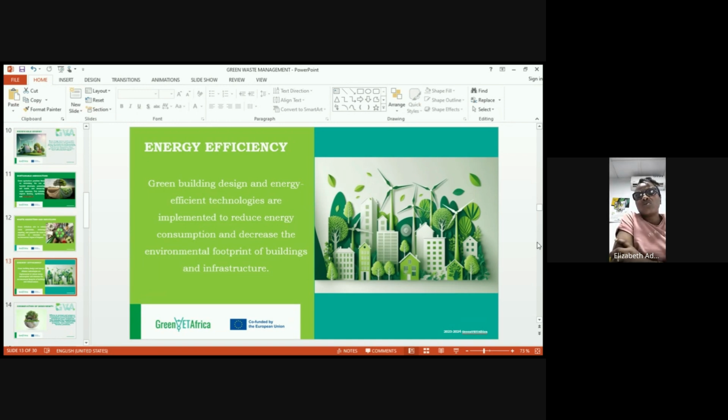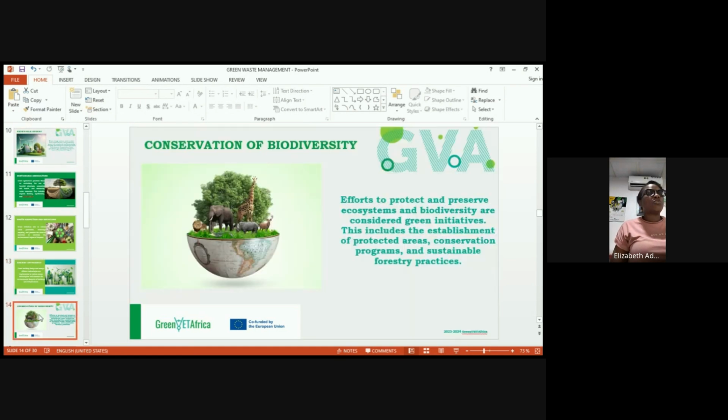The architects are also looking at ways to promote natural ventilation, whereby you reduce dependency on electric or other power sources and rely on natural ecosystem services for the functioning of such structures. So we have buildings now that are energy efficient, and even in homes, we are talking about retrofitting the energy to ensure that we minimize our carbon footprint.